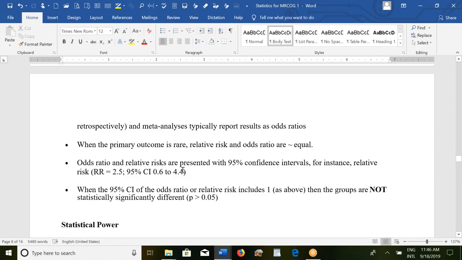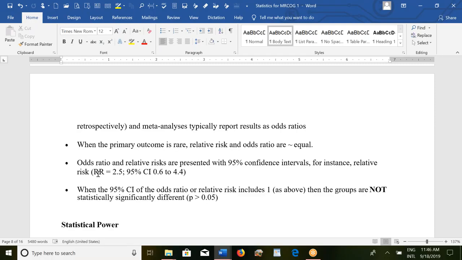Odds ratio and relative risk are presented with 95% confidence interval. For instance, relative risk: you must have seen in studies, and in the Green Top guidelines also, they are giving relative risk is 2.5 and 95% confidence interval is between 0.6 to 4.5.